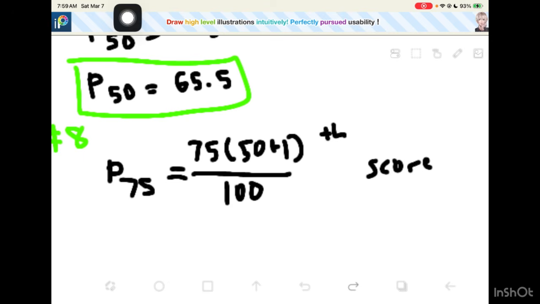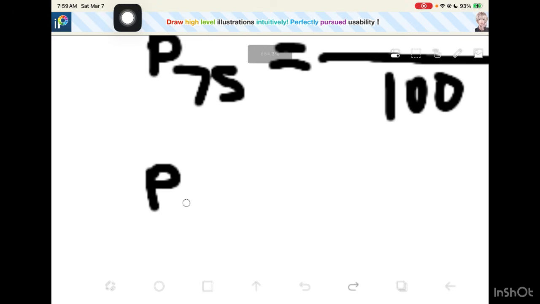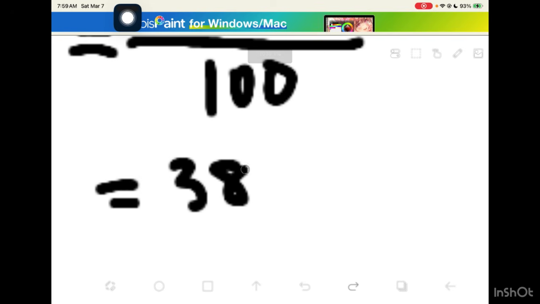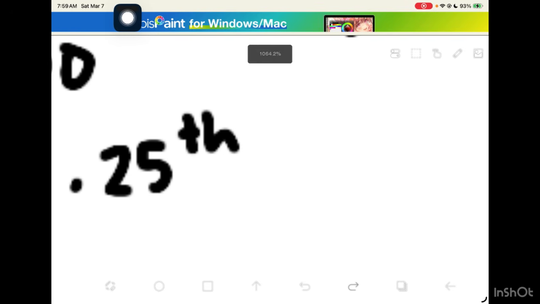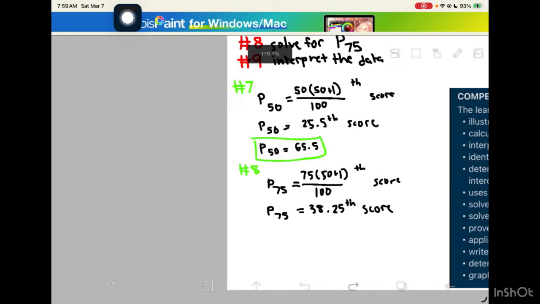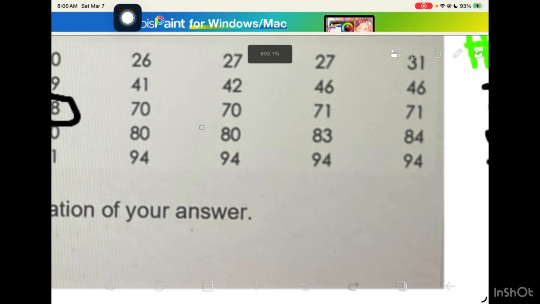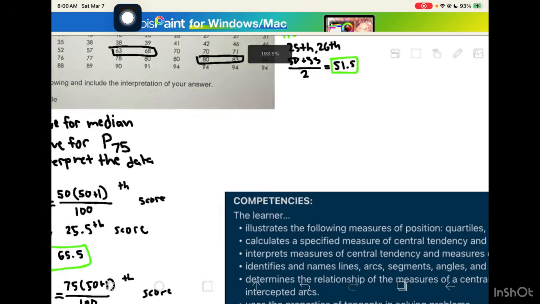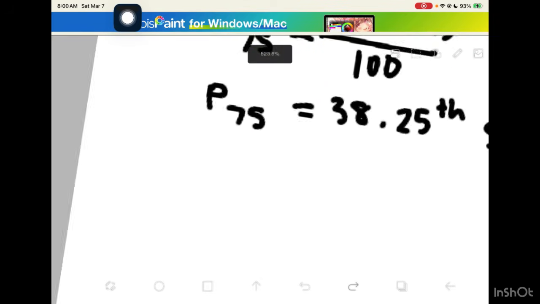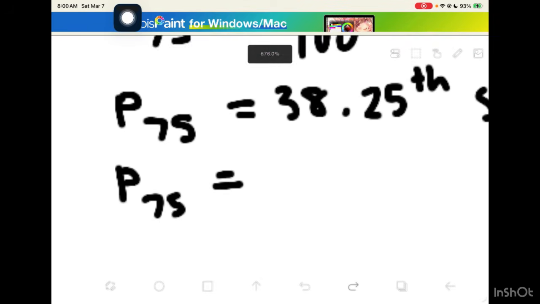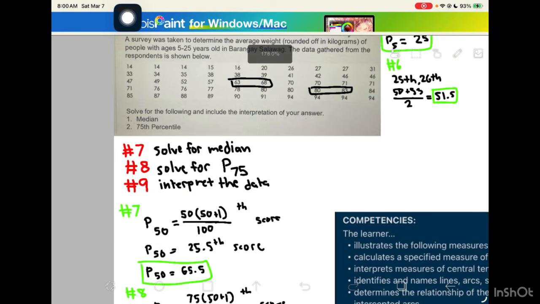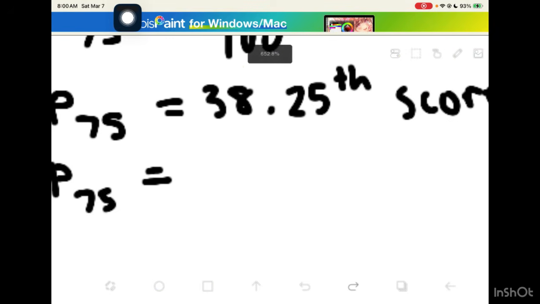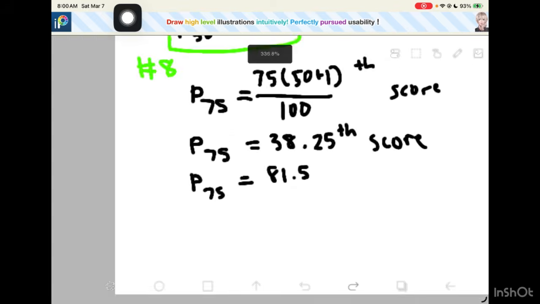So if we do 75 times 51 over 100, we get 38.25. So we must find the value between the 38th and 39th score, which is this one. So we need to average 80 and 83, which is 81.5.